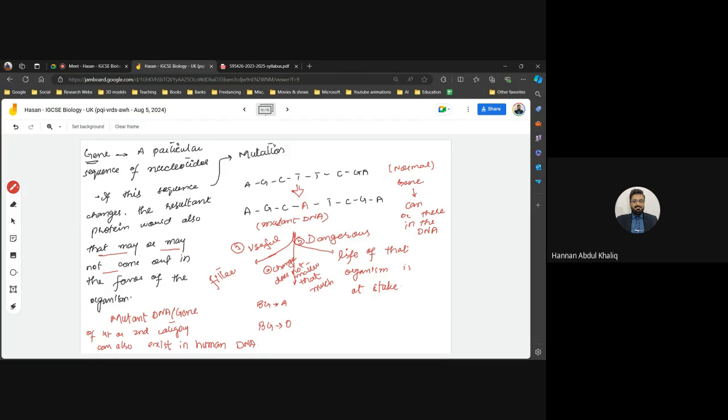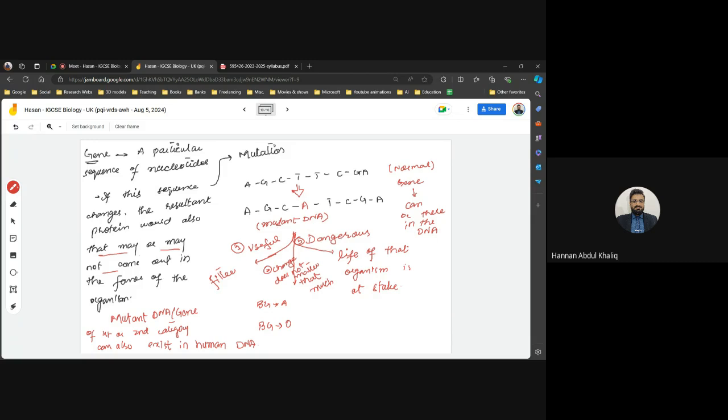We can keep it. Like my blood group is O positive. It is a fact proven by scientists that the original blood group was A, but later it changed to O due to mutation. So I have that allele. It doesn't affect me.